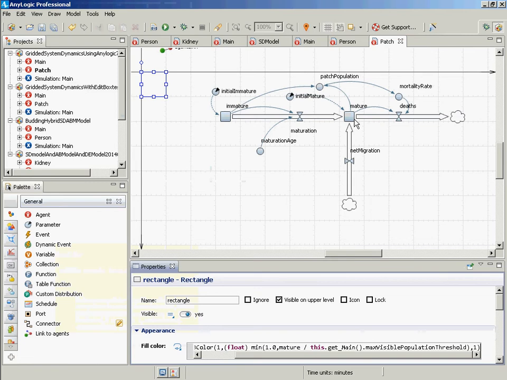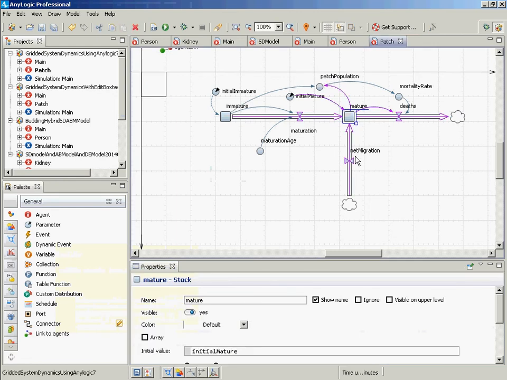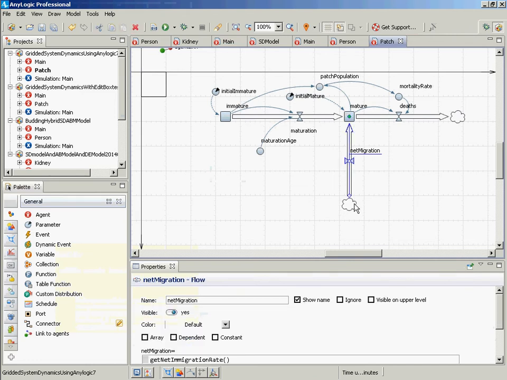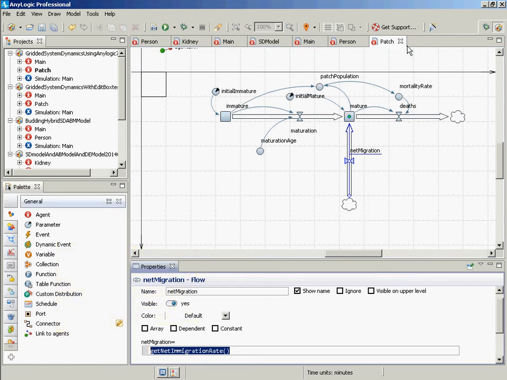the basic gist of it is that we have this population, and each patch is characterized by this patch population. There's this net migration term, which calls a function called get immigration rate.